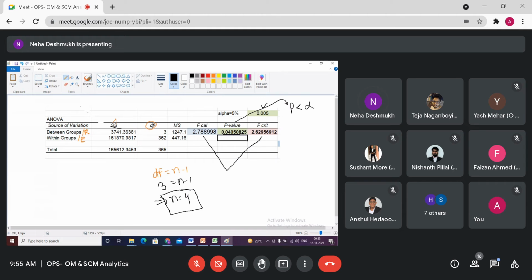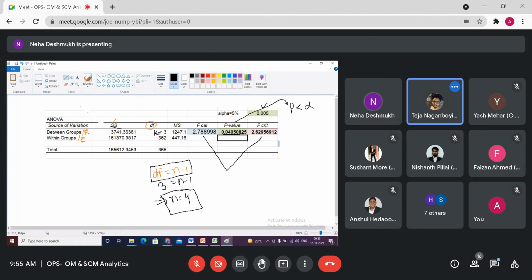Ma'am, the initial formula is n minus 1, where n is the number of categories. Number of samples, number of categories, okay. The 362 is n minus k. Yes, correct. So now n will be 362 plus 3, 365. Here n is 4, and k value is n minus 1, which is 4 minus 1.